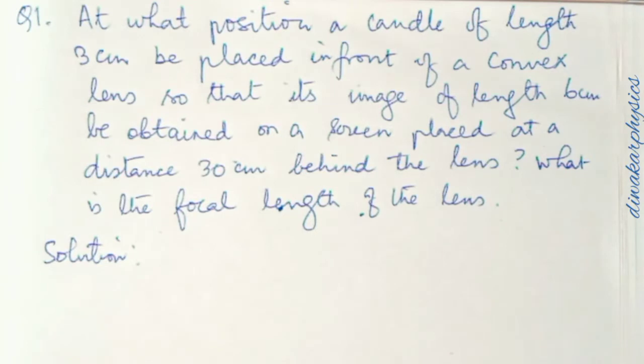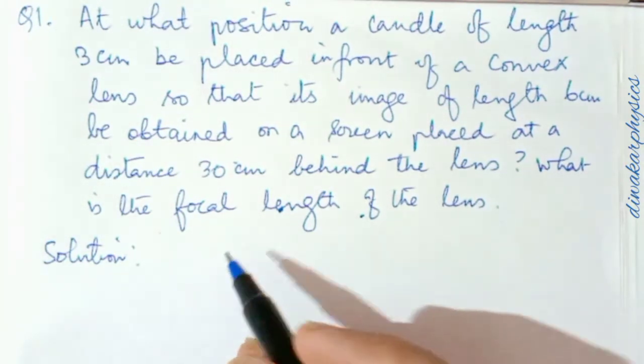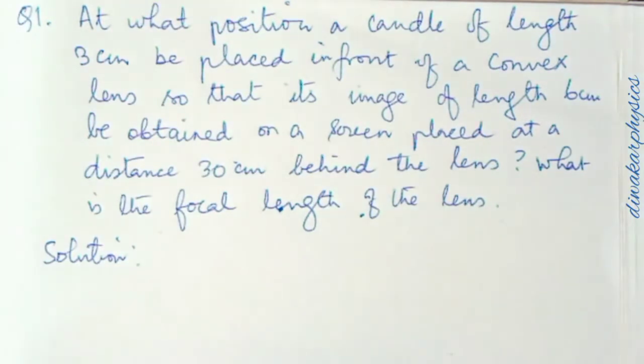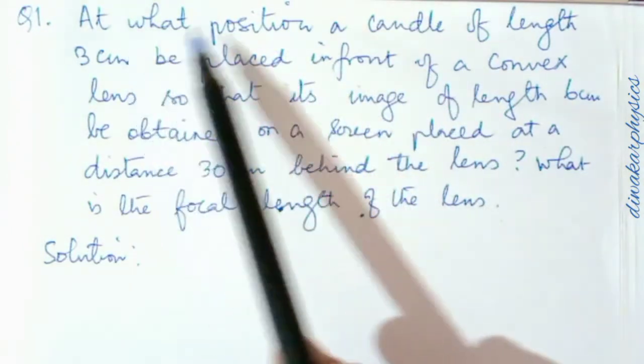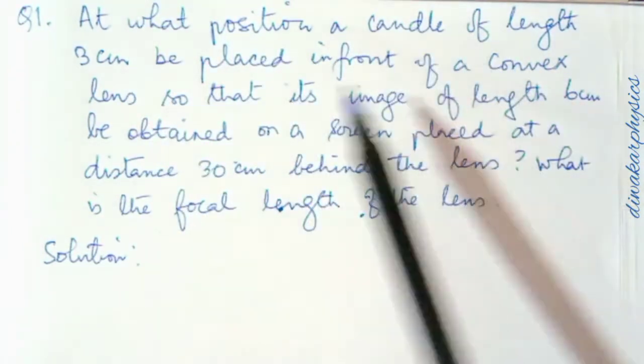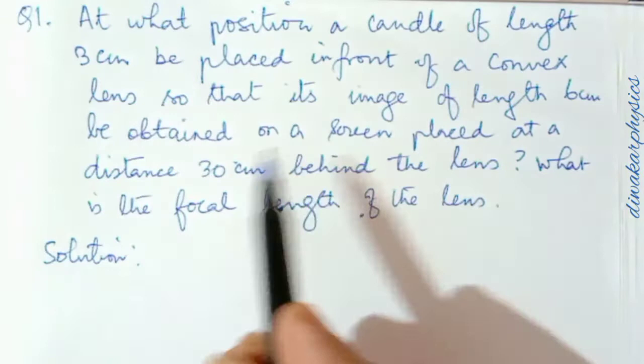Okay, so the very first thing you have to do while solving these numericals is get the information from the question with proper sign convention. It's very important to use sign convention here. So you see, at what position should a candle of length 3 cm be placed?